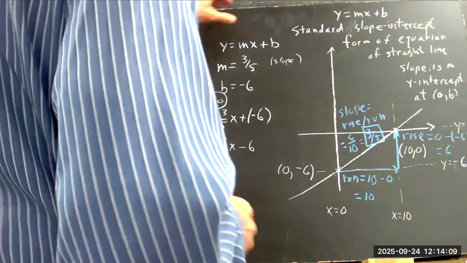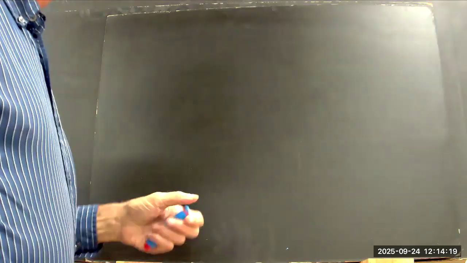Okay, now let's say I'm going to get to do a little algebra. Let's say that we want to get a line through, let's just call this, the point 4,2.